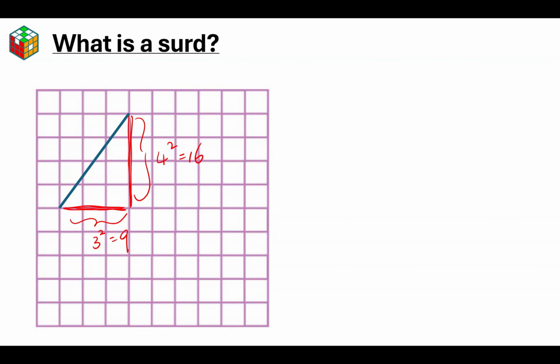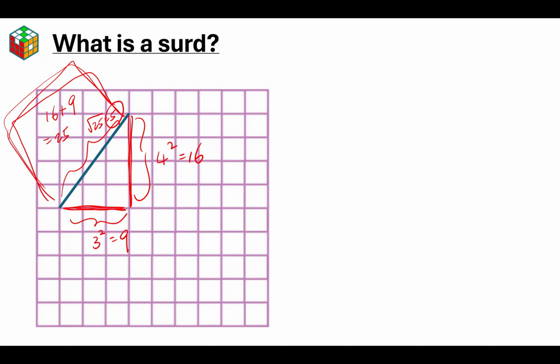By using your Pythagoras knowledge, you know that this part is going to be 16 add 9. It will give you 25 as a total area if that is a square. This length is going to be the square root of 25, means that that length is going to be 5.